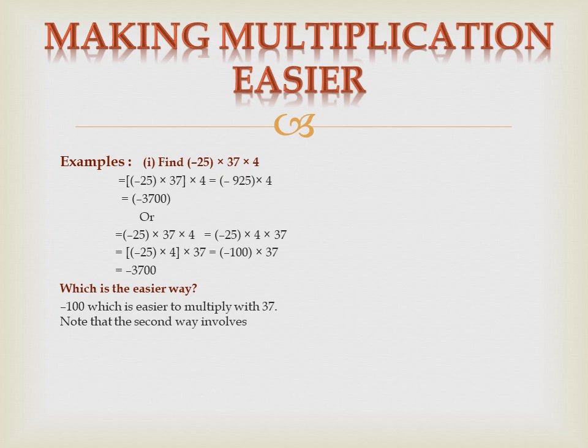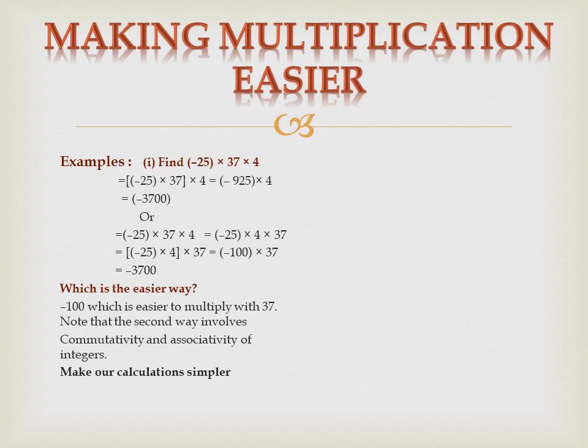Note that the second way involves commutativity and associativity of integers. Thus, the commutativity, associativity and distributivity of integers help to make our calculation simpler. Let us further see how calculation can be made easier using these properties.